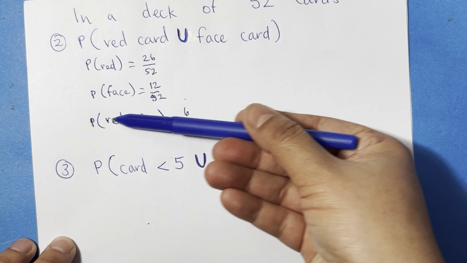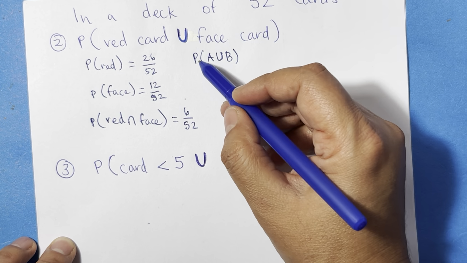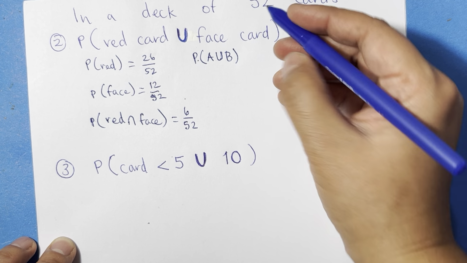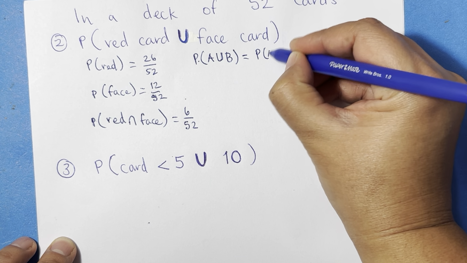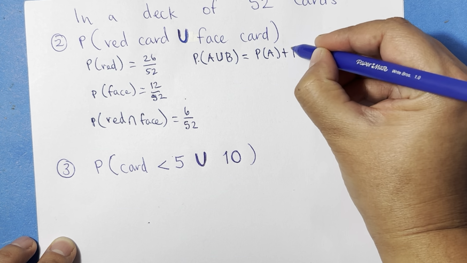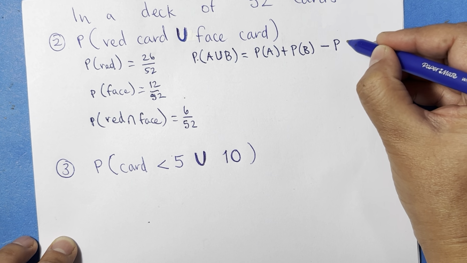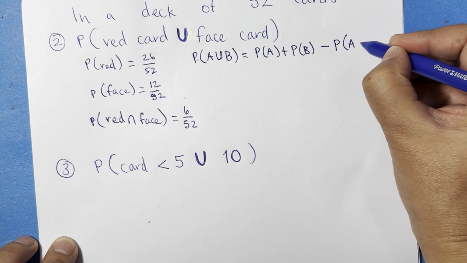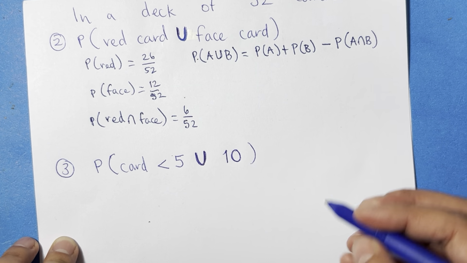So when we have overlapping, that means that we're going to use the formula. The probability of event A or event B happening is equal to the probability of event A plus the probability of event B minus the probability of both event A and event B happening, meaning the overlapping.